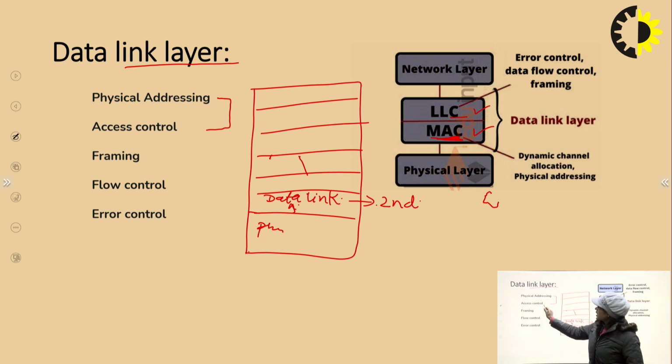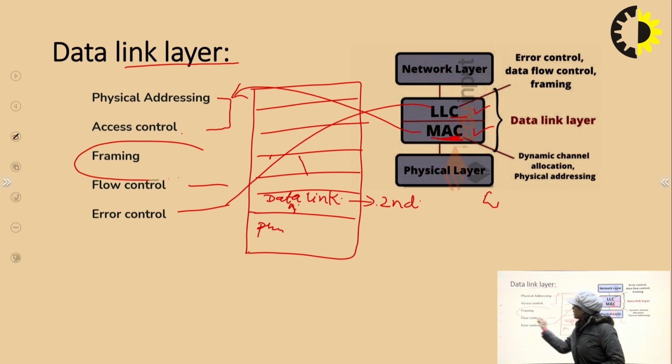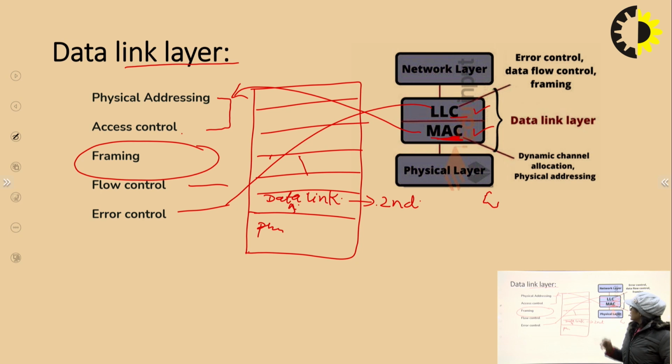Physical addressing and access control are performed by the media access control, while flow control and error control are performed by the logical link control. Framing is an intermediate functionality between the MAC and the LLC, so framing is performed by both sublayers of the data link layer.